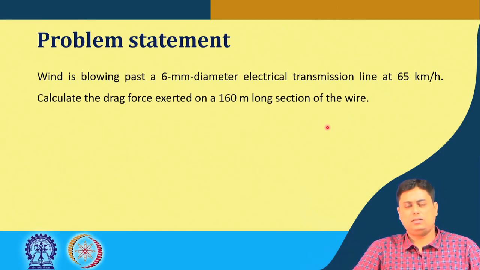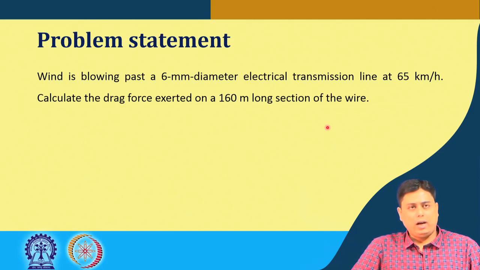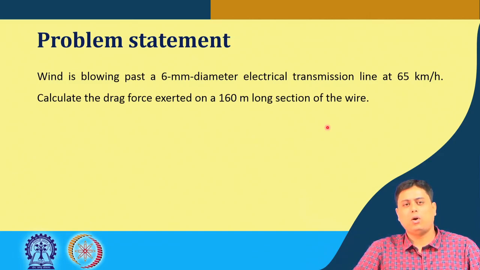It is, let us say, of 6 millimeter diameter. The wind is blowing at a rate of 65 kilometer per hour at a constant value. So, what is the drag force that is exerted on a 160 meter long section of this wire?